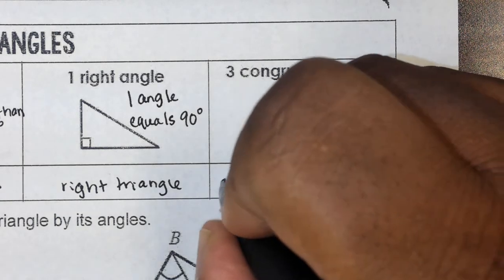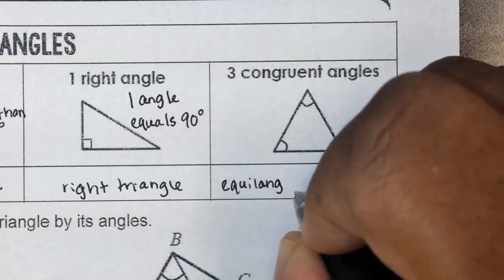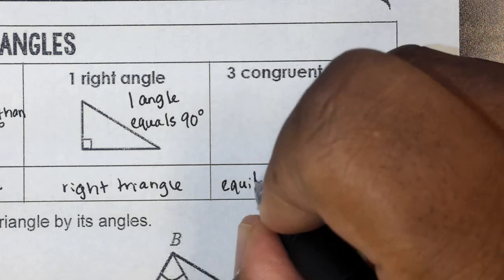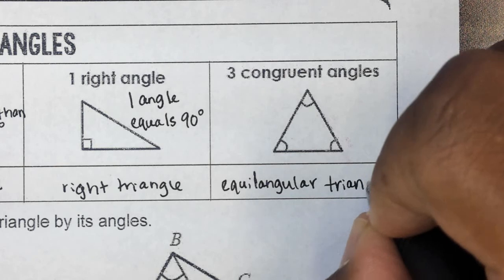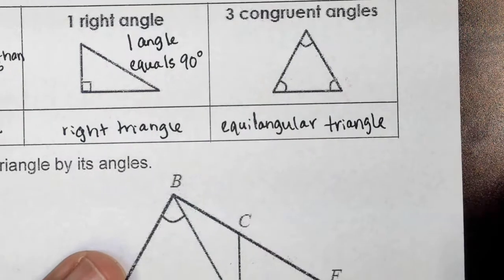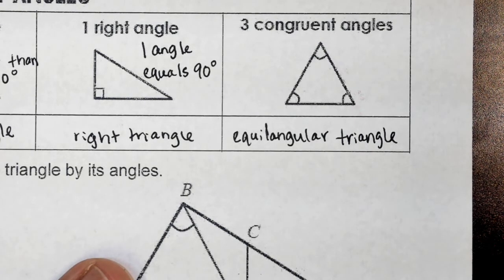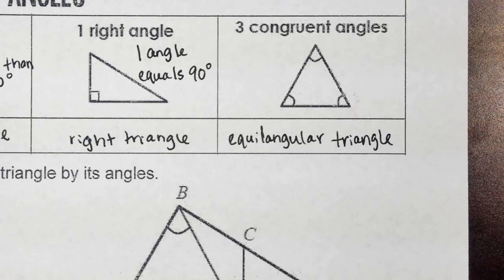We will call the triangle equiangular. Don't try to spell ahead of me, y'all don't know how to spell it. It's equiangular, it's not equal. Let me say it right. Equiangular. All one word. Alright, so the four ways we can classify triangles by their angles.